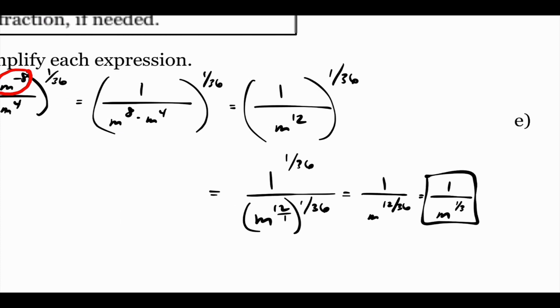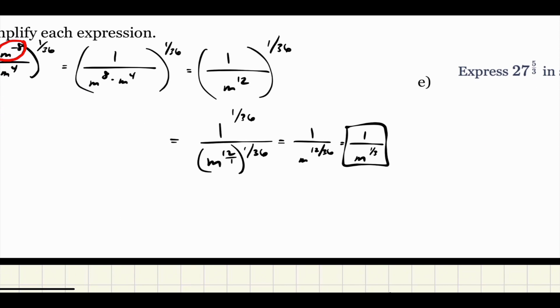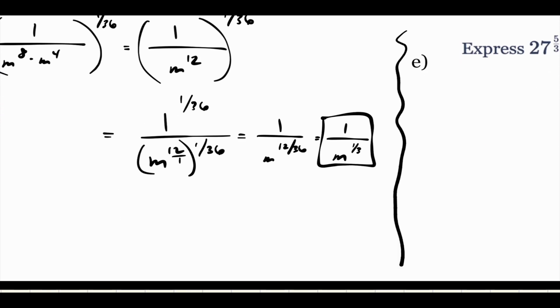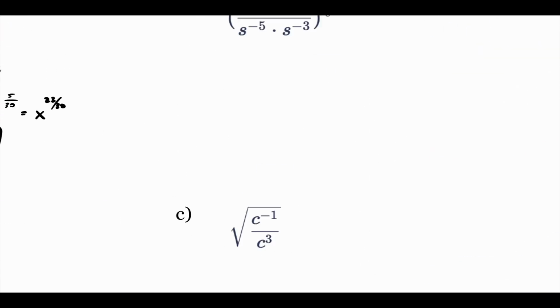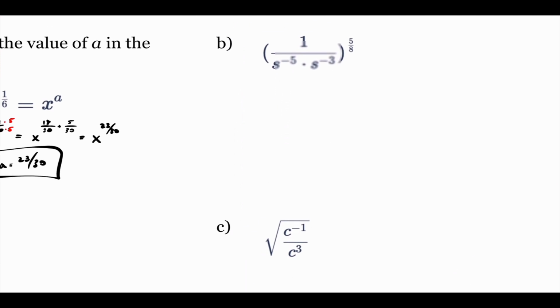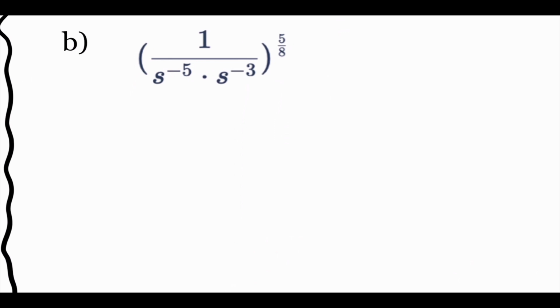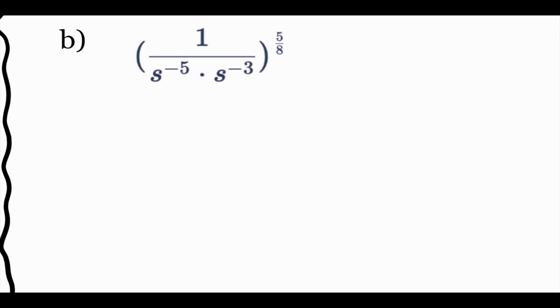All right, so let's go to the next one. B. Okay, parentheses. Inside the parentheses, I see I have two negatives.